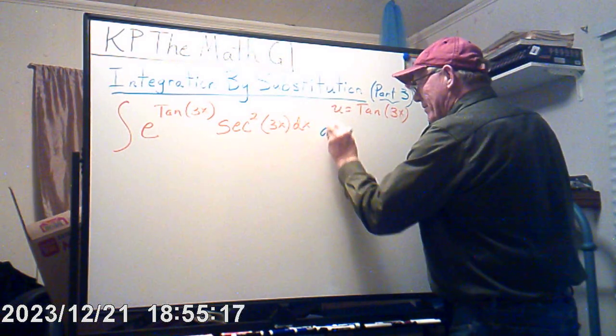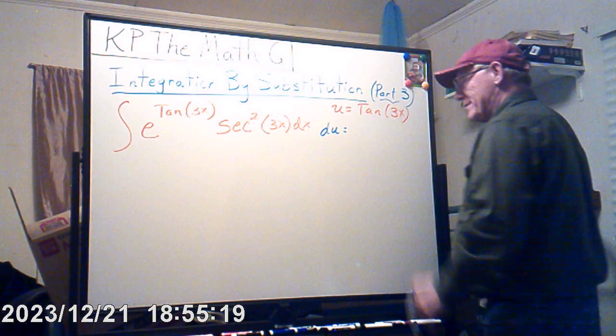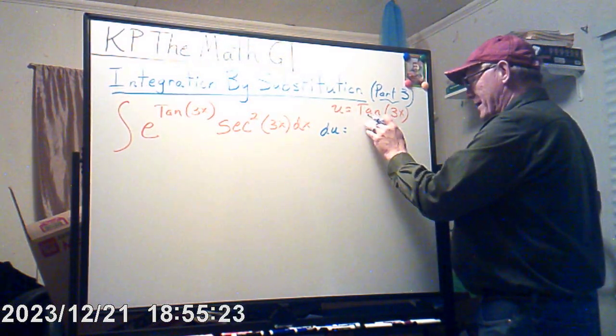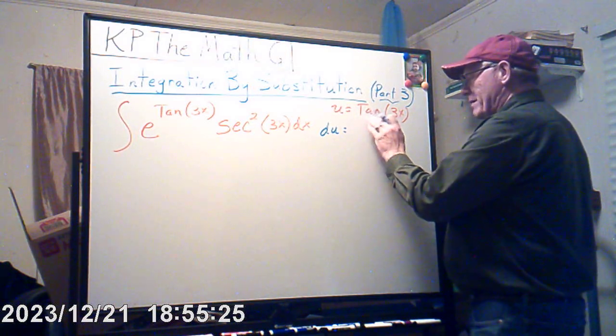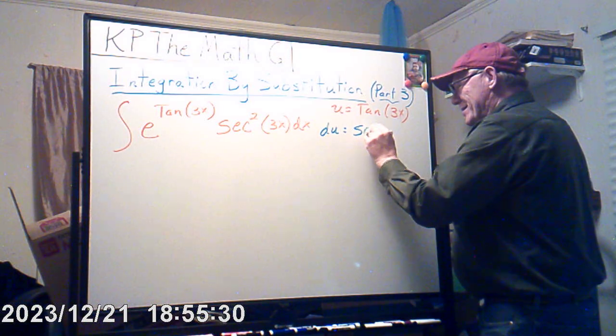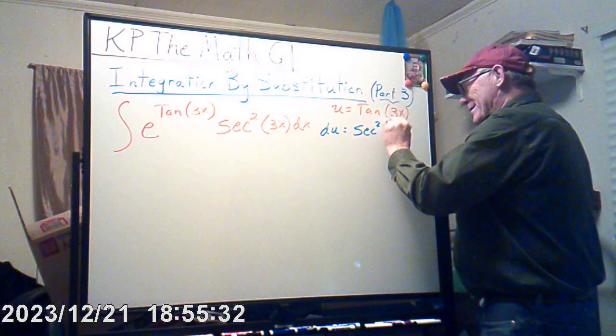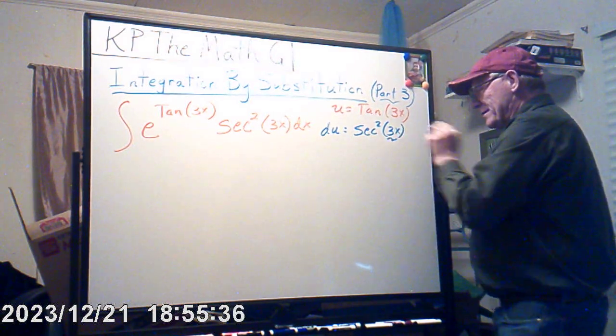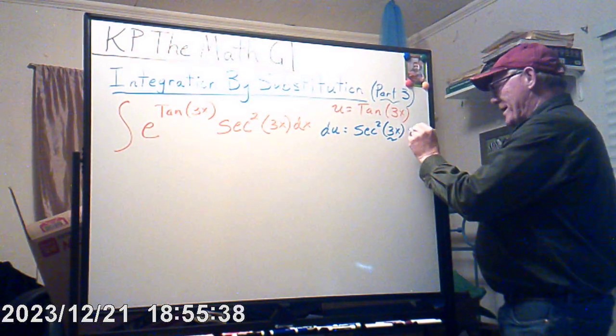du, the derivative of the left side, du. Derivative of the right side is, whoa, what's the derivative of tangent? Secant squared, aha, secant squared 3x, chain rule, times 3.